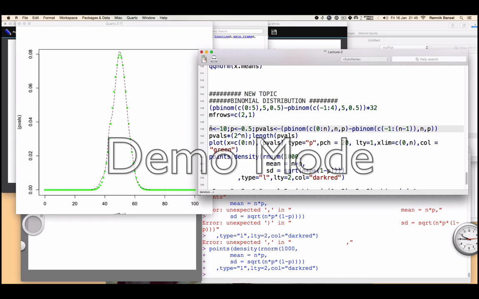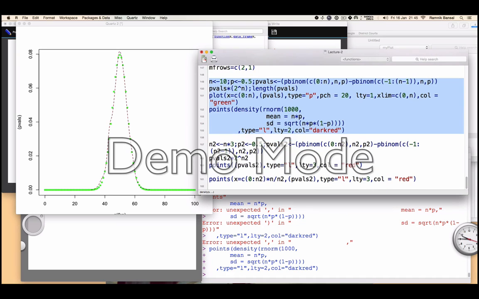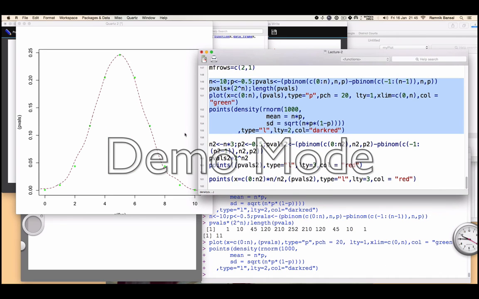But in this case, we're going to make n smaller and see how it changes. Even for n as low as 10, we're getting a pretty neat distribution here. Let's make this histogram, and n is equal to 5.